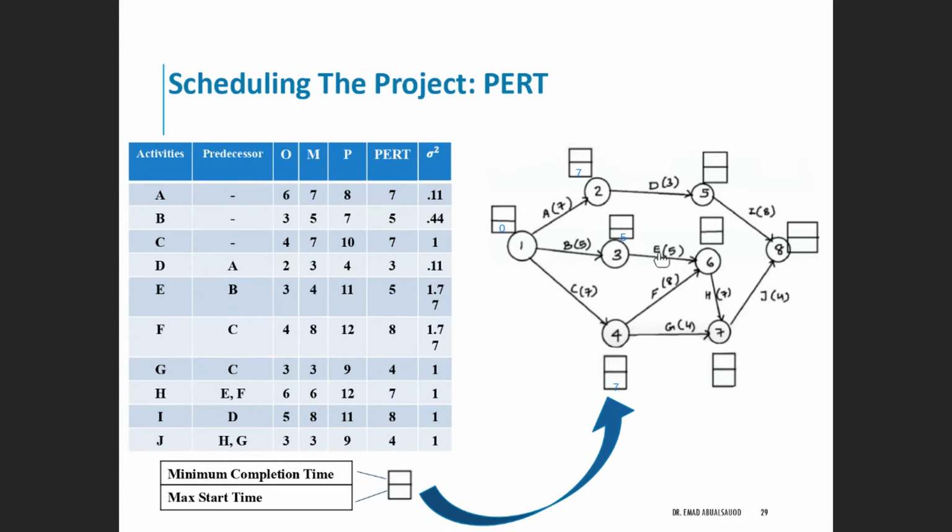I have two choices, two branches coming to node 6: either from the F branch, which is from activity F, or the E branch, which is from activity E.